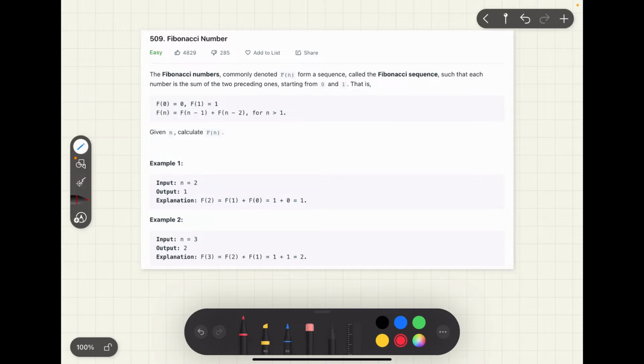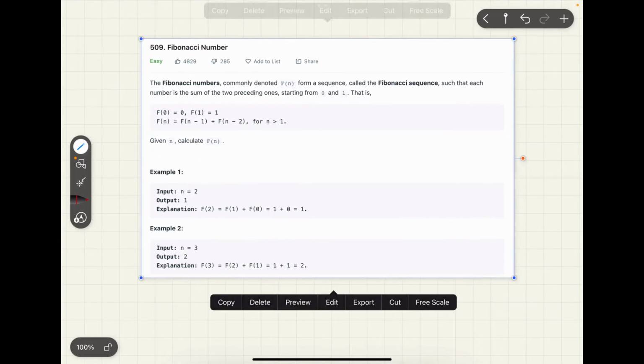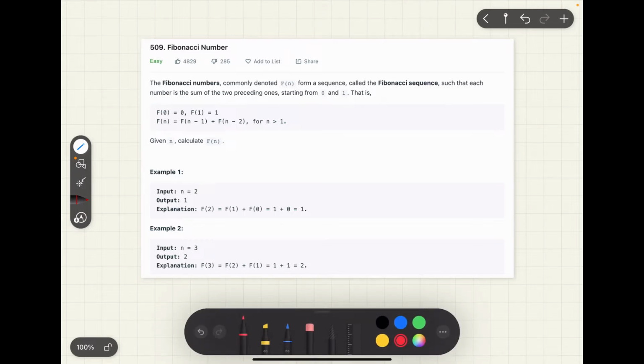So let's understand what Fibonacci numbers are. Basically it is a sequence wherein the current number is the sum of the preceding two numbers. As you can see, each number is the sum of the preceding two ones. It starts from 0 and 1.